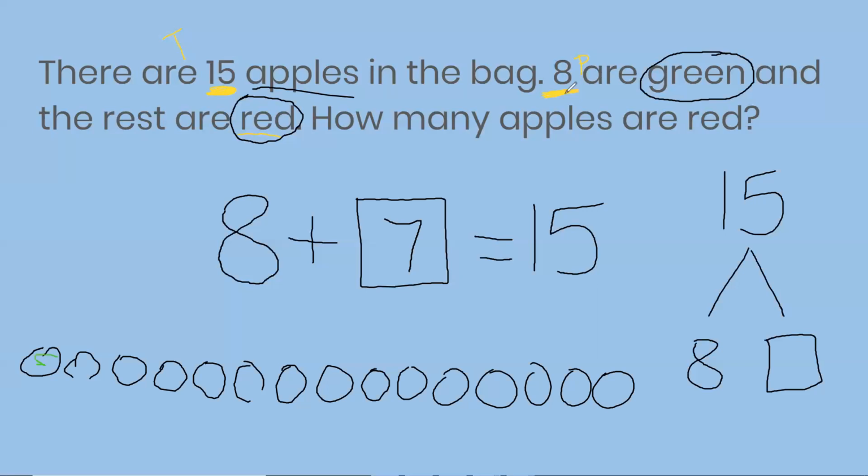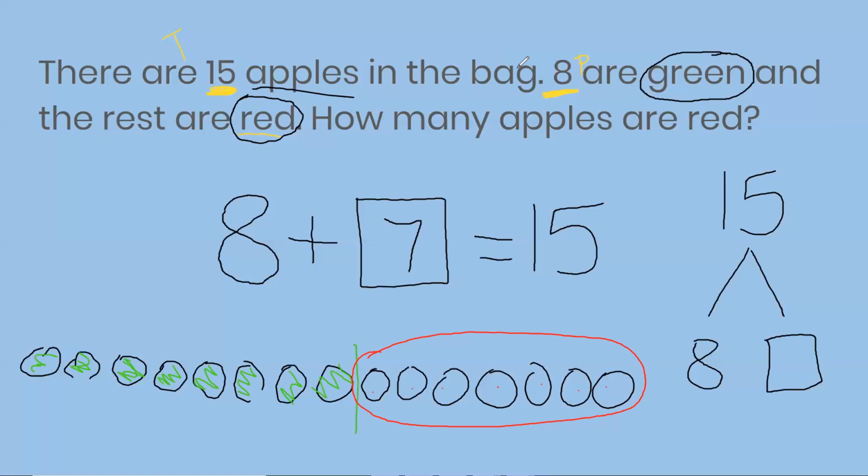Sure. 1, 2, 3, 4, 5, 6, 7, 8. Okay, and I know that the rest of them are red. How many do I have left that have to be red? 1, 2, 3, 4, 5, 6, 7. So you can draw a picture to solve.